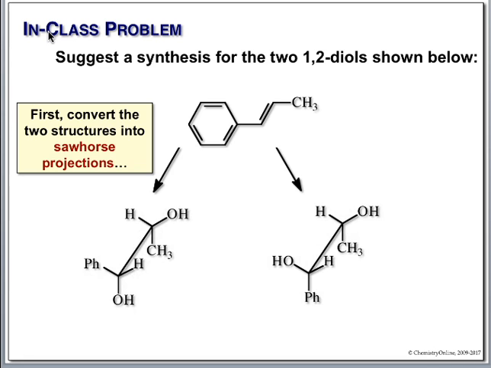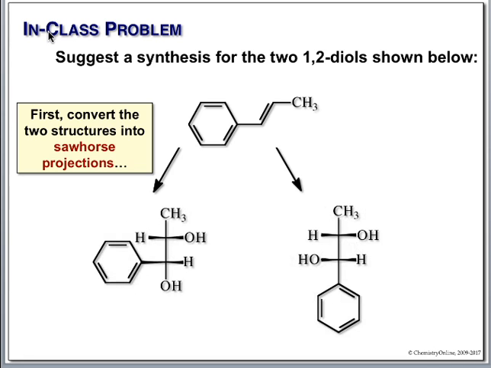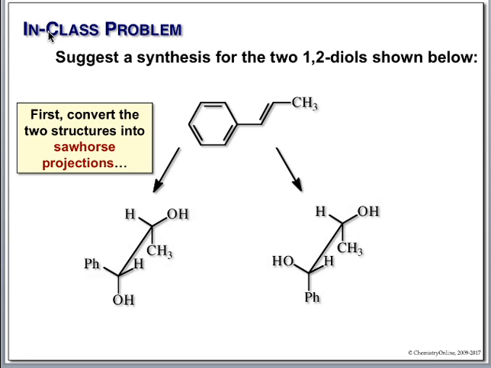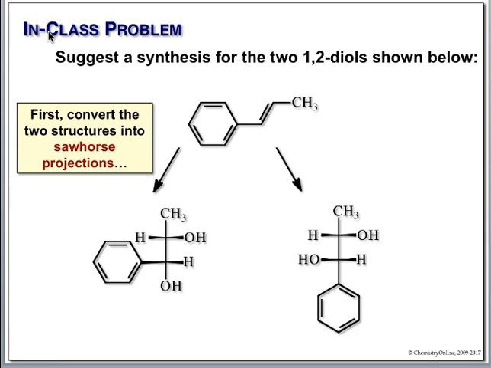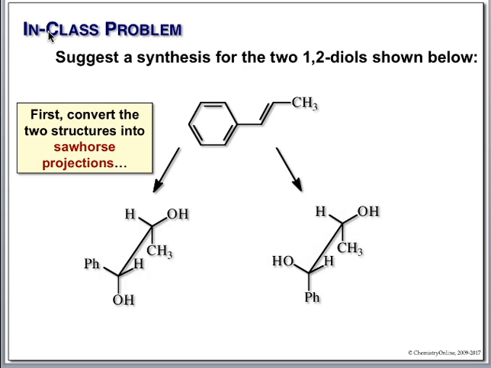So the sawhorse for this guy would look something like this. We'd have phenyl ring up, hydrogen up, hydroxyl up, hydrogen up. Everyone see that?